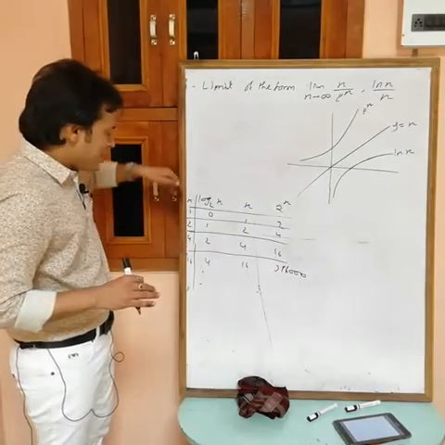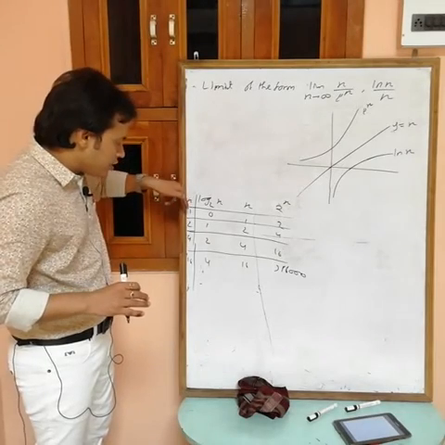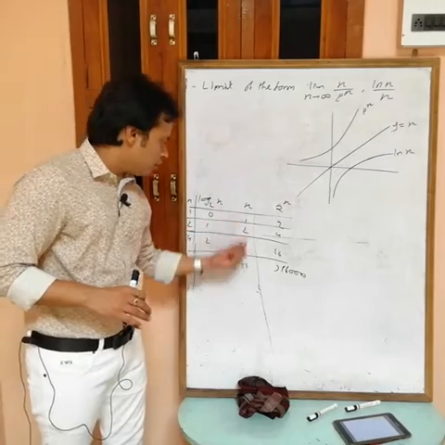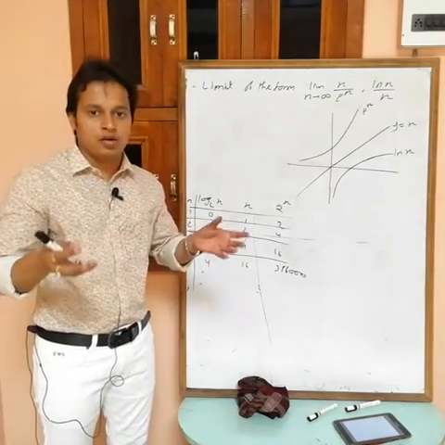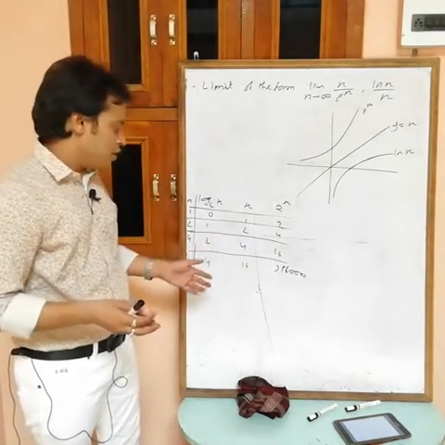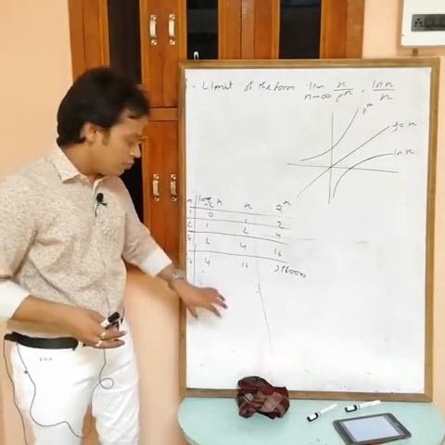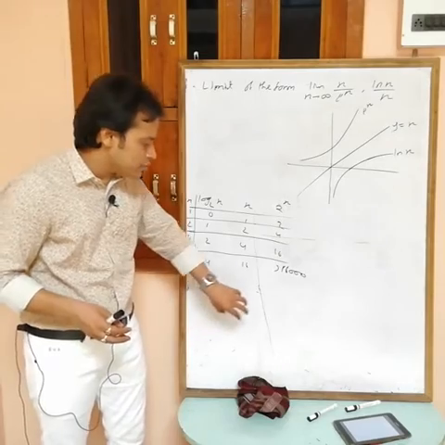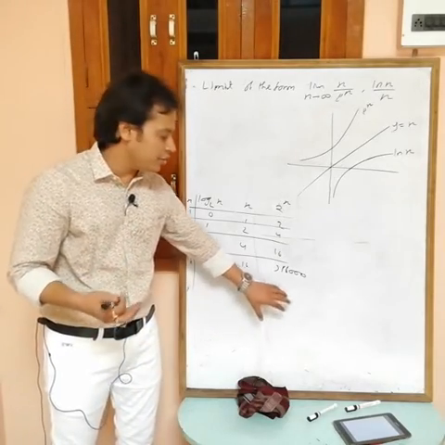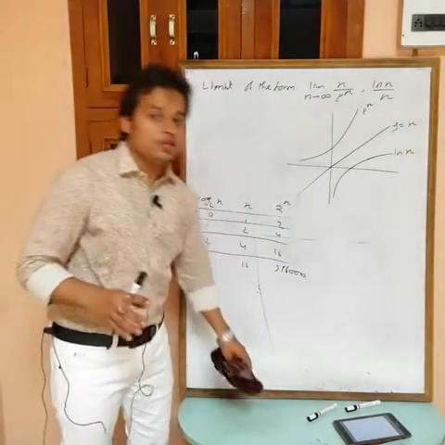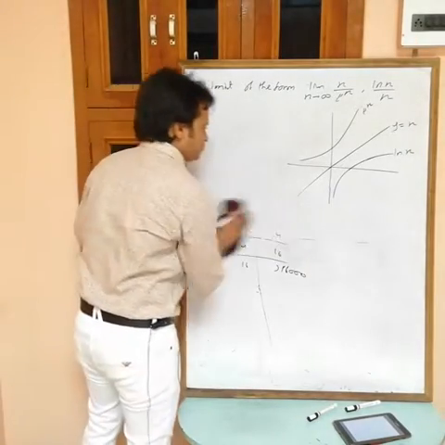Now see, as we are increasing the value of x, the difference between these two and these two becomes higher. So if you move up to infinity, all will be infinity, but this is a lower infinity, then this is a greater infinity, and this one is a much greater infinity. So these infinities are comparable.